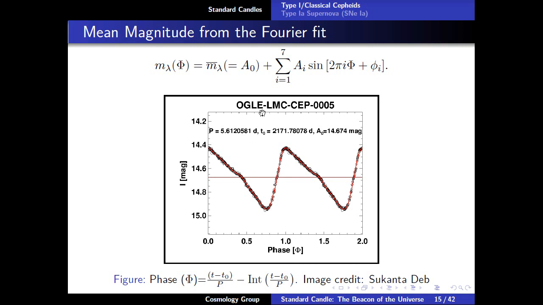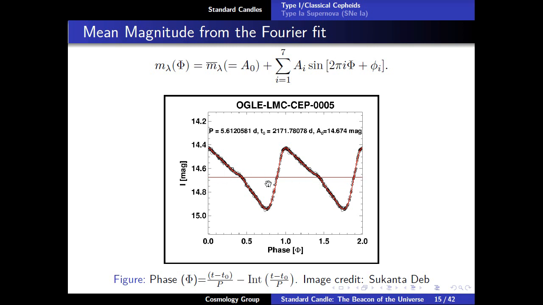And now this A naught is basically the mean magnitude of the star, and whenever we construct a PL relationship, then we use this mean magnitude. This A naught is basically the mean magnitude, and this is given by this DC line.